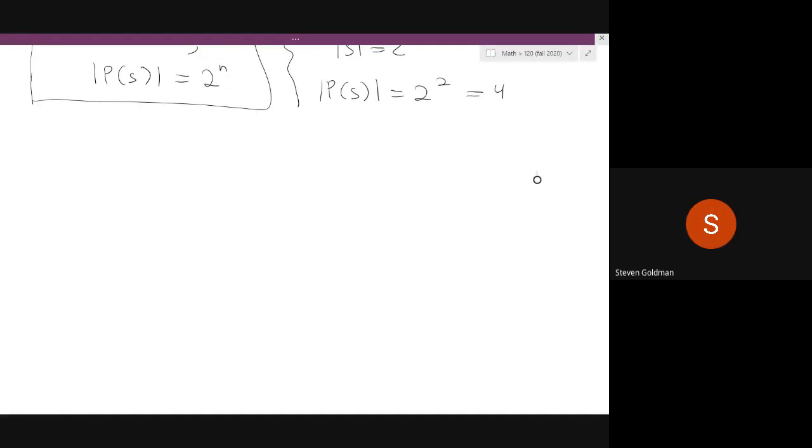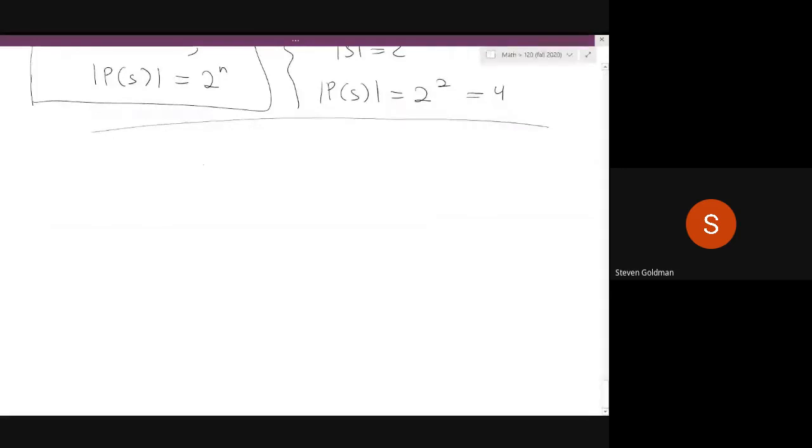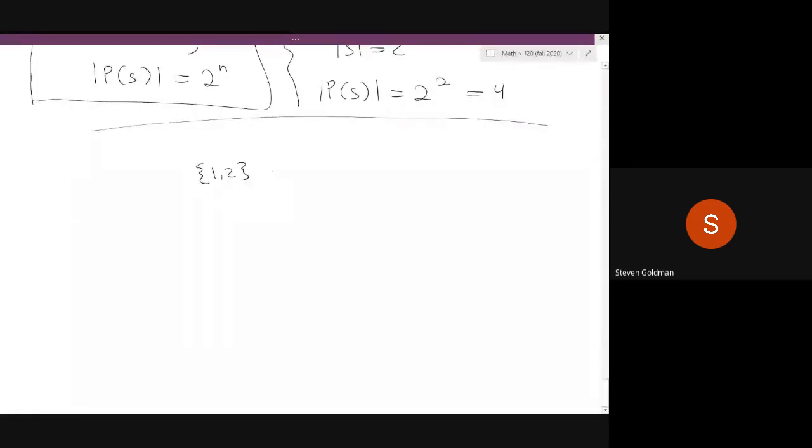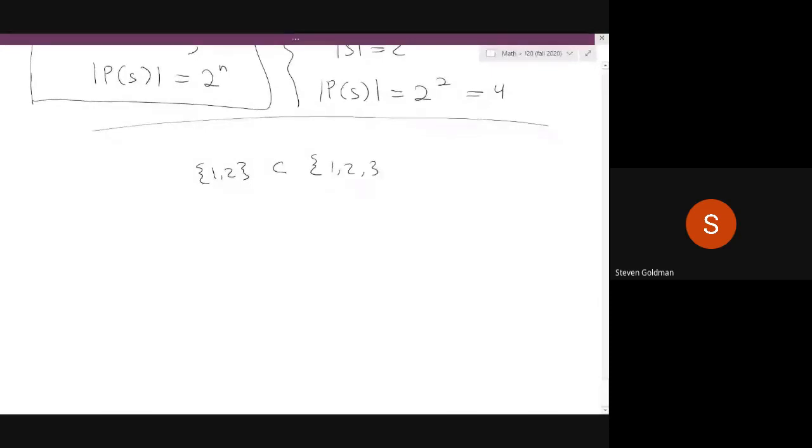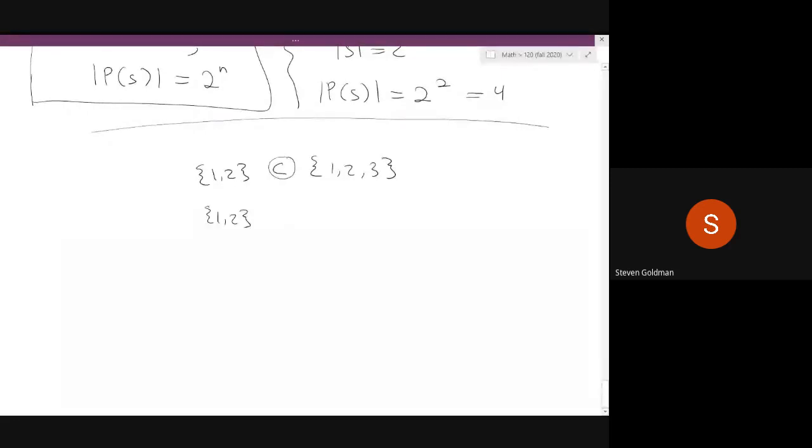Basically, if a subset has fewer elements than the bigger set, then that would be a proper subset. So for example, this is a proper subset of this because it's got fewer elements. So I could write it this way. I'm allowed to use this symbol here. I'm also allowed to write it this way.